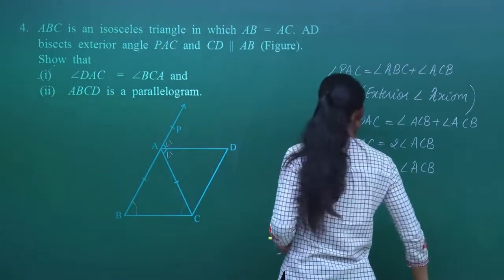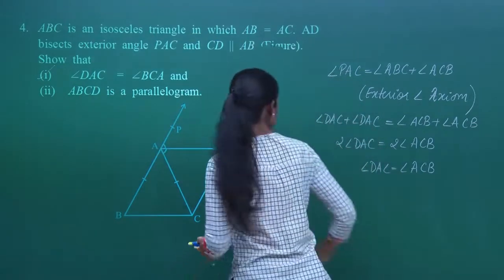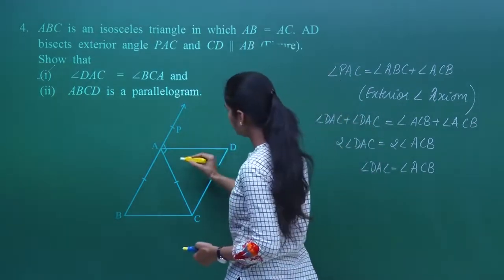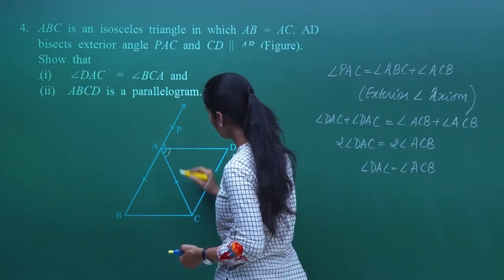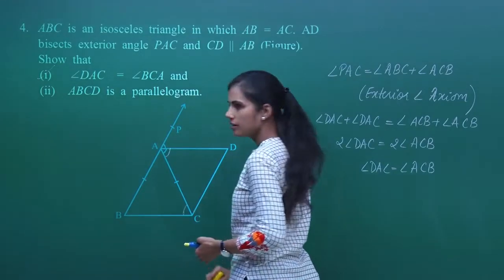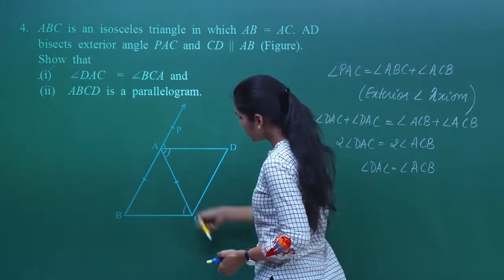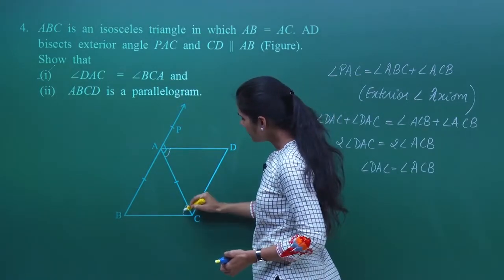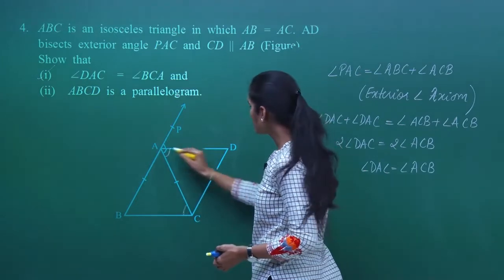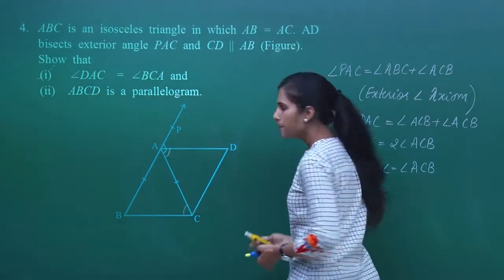Now if you have shown that angle DAC is same as angle BCA, that means this angle you have shown equal to this angle. What have you shown? It's like these are the two lines being intersected by the transversal AC, making one pair of alternate interior angles equal, and so these two lines AD and BC will be parallel.